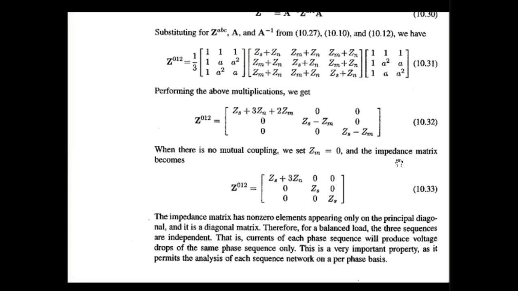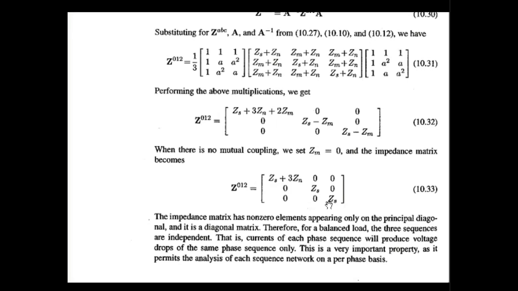Sir, can you kindly repeat? The first row has 3 parameters, right? Yes, sir. The first one will be the zero sequence component. Z0 will be ZS plus 3ZN. Z1 will be ZS. Z2 will be ZS as well.